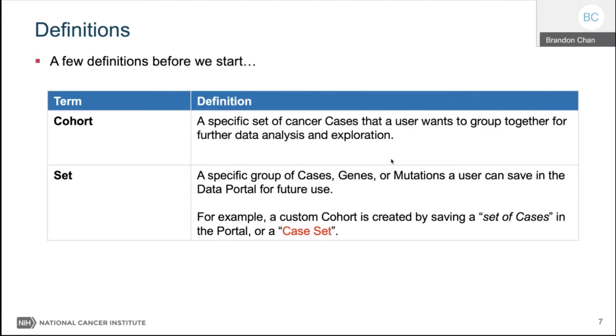And those things that you can save are a group of cases, a group of genes, or a group of mutations. So for example, if we relate this back to the concept of cohort, I don't want people to get confused with these two terms, but essentially a custom cohort is created by saving a set of cases in the portal, or a case set. But for today's purposes, we'll mostly just be sticking to cohort because that is what we're trying to accomplish today. But you'll see how these things interplay as we go through.